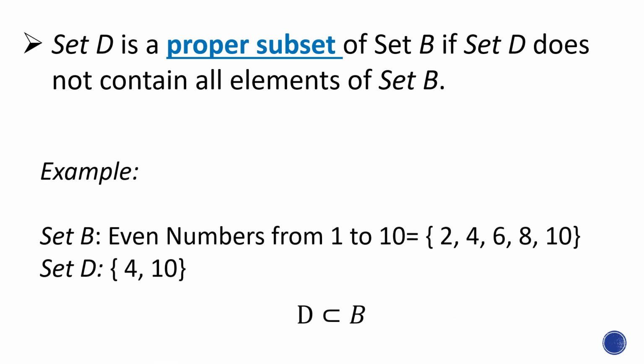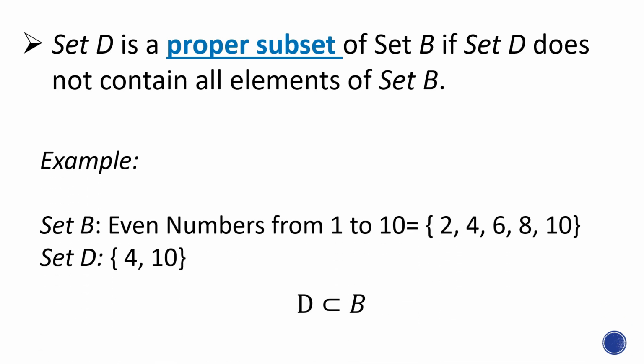I think that is clear, and I gave you examples for this one earlier in the previous slide, but let me give you this example. Let's say set B is the even numbers from 1 to 10: 2, 4, 6, 8, and 10. And then there's another set, set D, and the elements of set D are 4 and 10. Now, the elements of set D are only 2, and the elements of set B are 5.